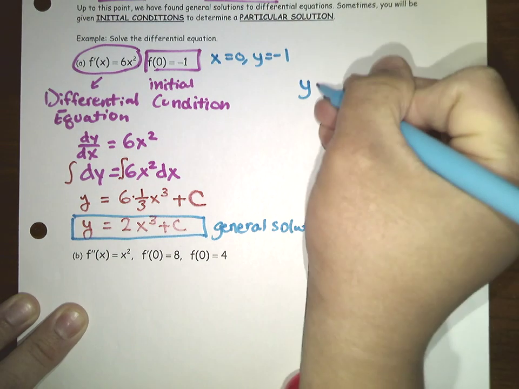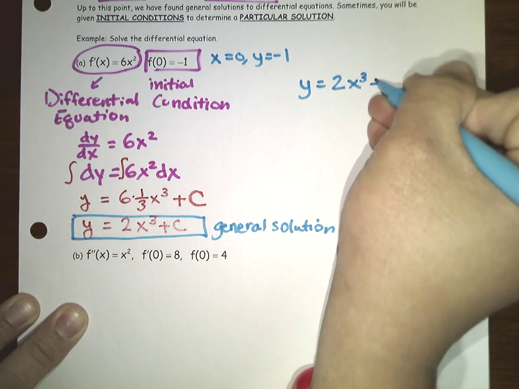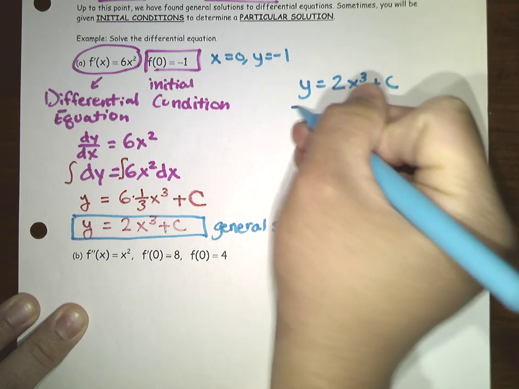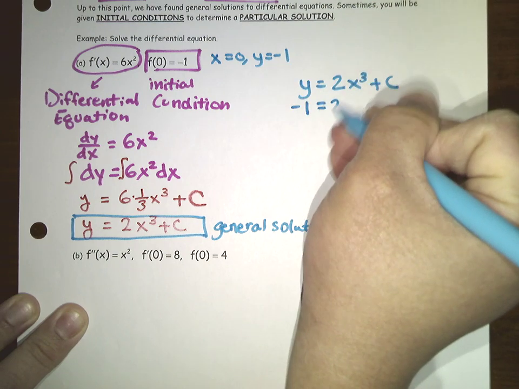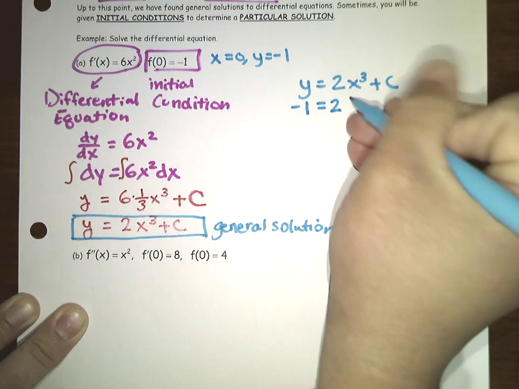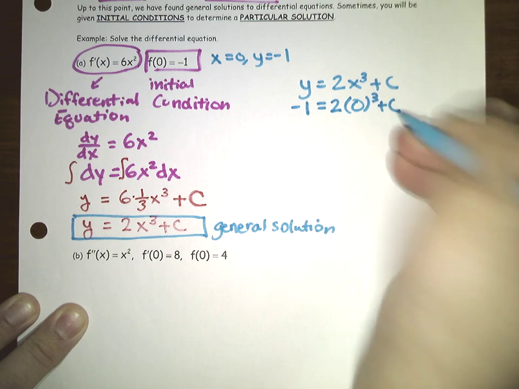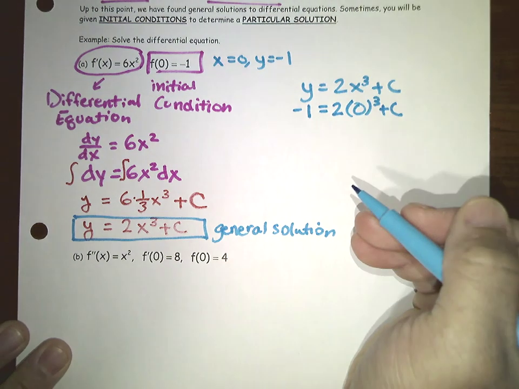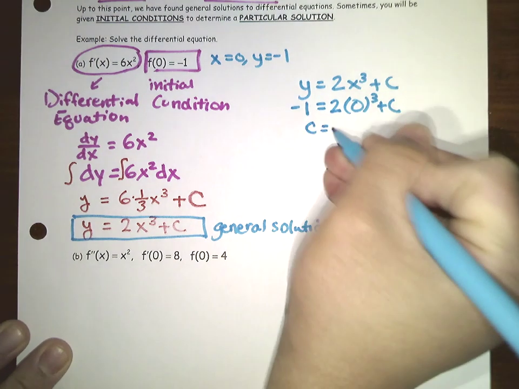So if I have y is equal to 2x to the third plus c, then if y is -1, I have -1 equals 2 times, if x is 0, 0 to the third plus c, and so then I see that c is equal to -1.